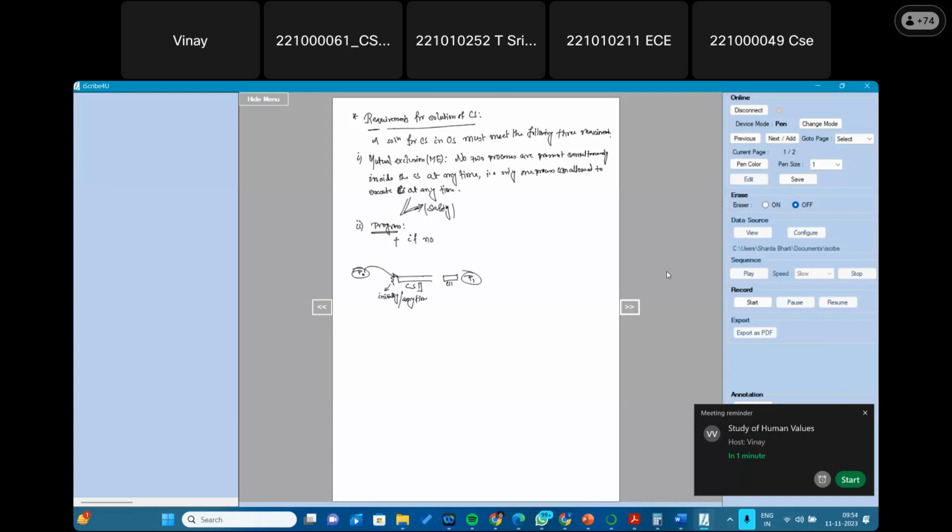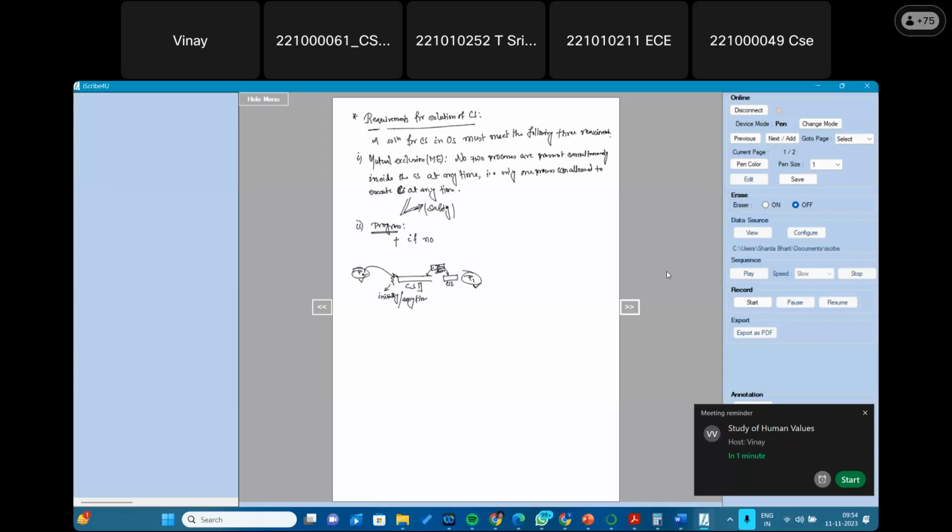This is the critical section for P1, having the shared data X. Okay, if P0 wants to access the critical section, then P0 should be allowed. If P1 wants to access its own critical section, then P1 should be allowed.